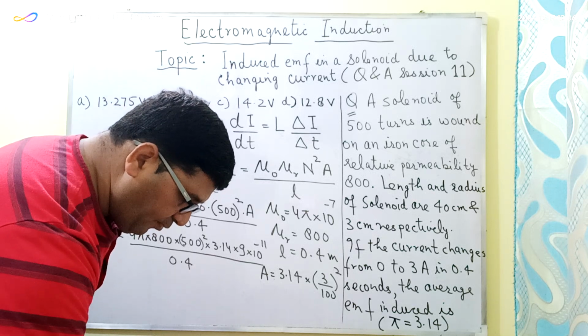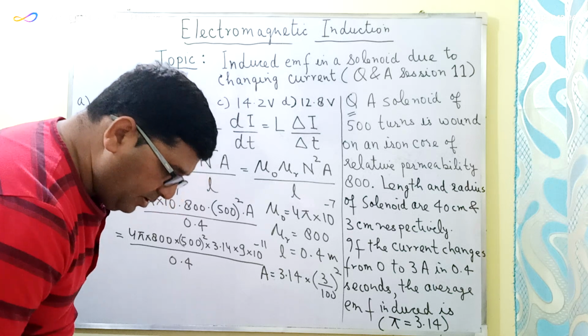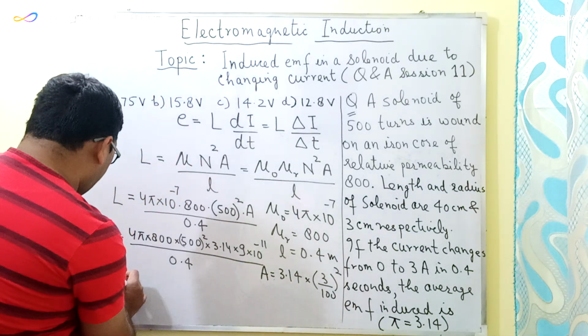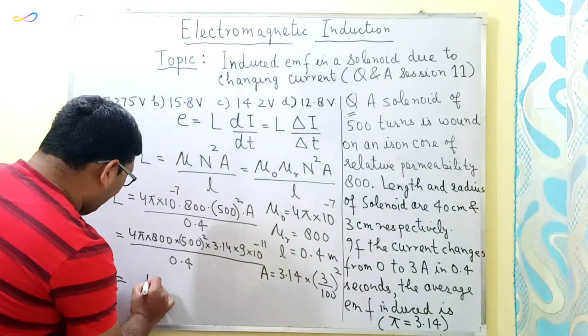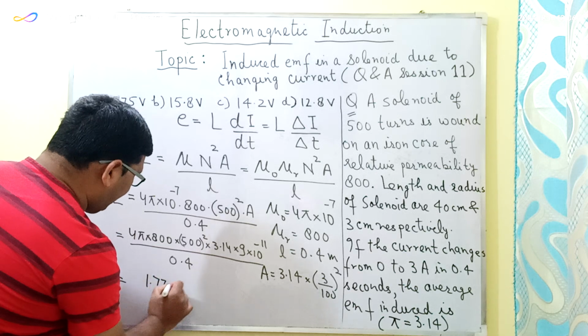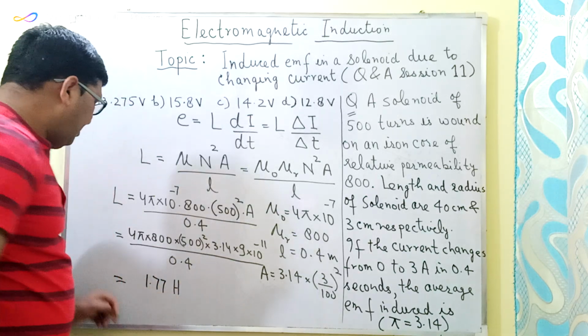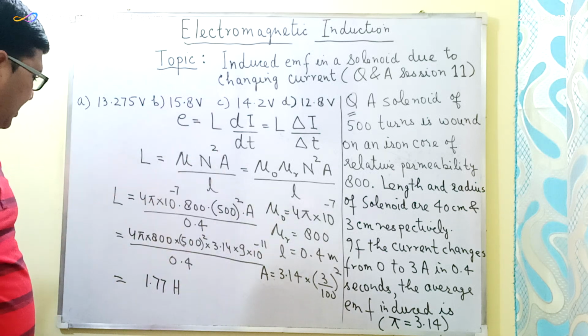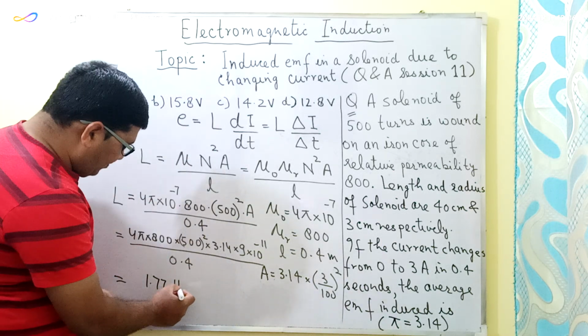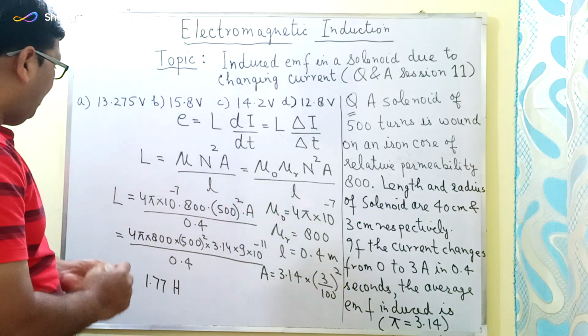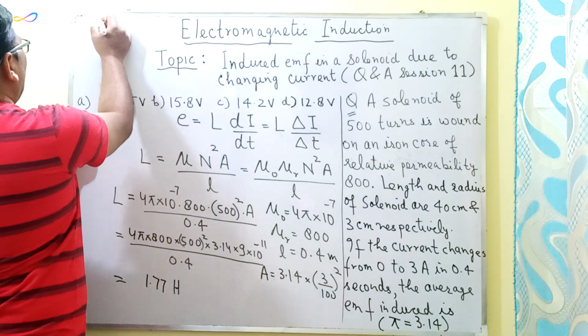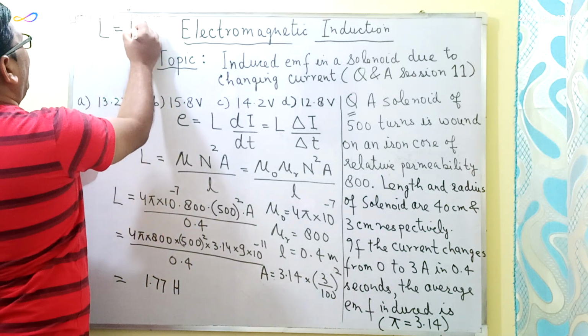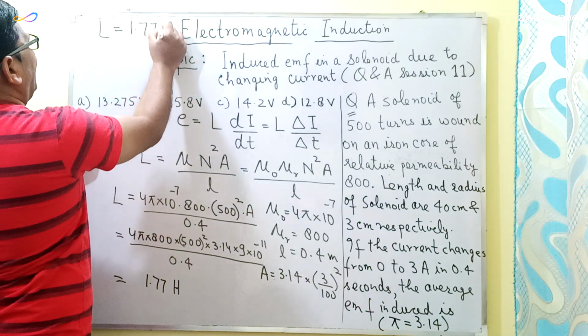So the value of L is coming out to be 1.77 Henry. The unit of inductance is Henry. So the self-inductance of this solenoid is equal to 1.77 Henry. I'm just writing the value of L here, that is equal to 1.77 Henry.